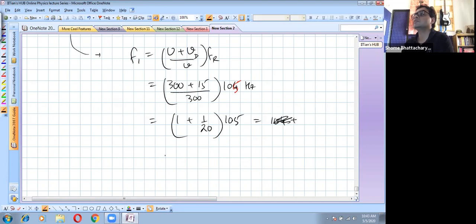So this will become 105 plus 5.25, which is 110.25 hertz. This is the frequency of sound F prime heard by him.